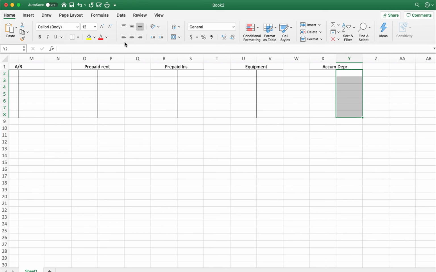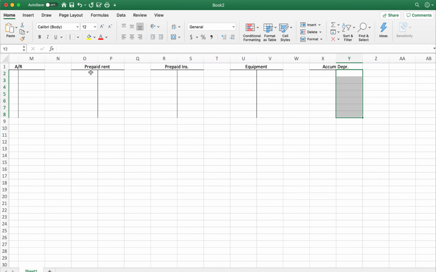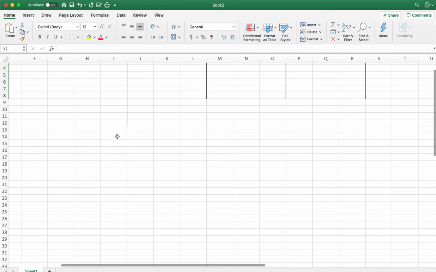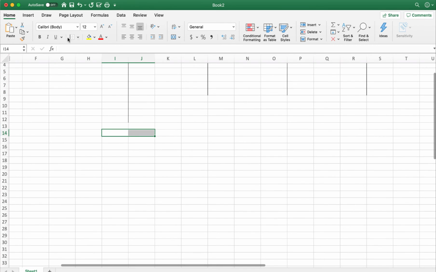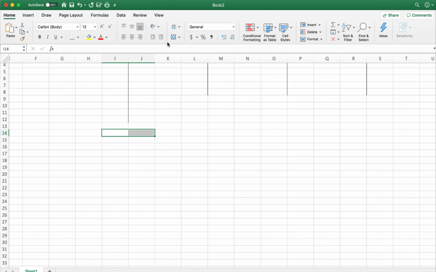So I have all my assets, right? Remember, accumulated depreciation, we said, is a contra asset account. So it looks like I got all my assets here. Now I'm going to go down below, and I'm going to put in my liabilities. The first liability that they give us is accounts payable.